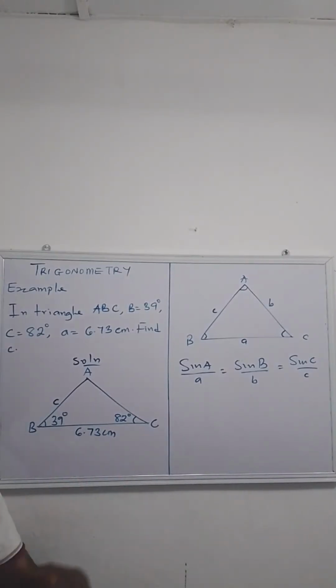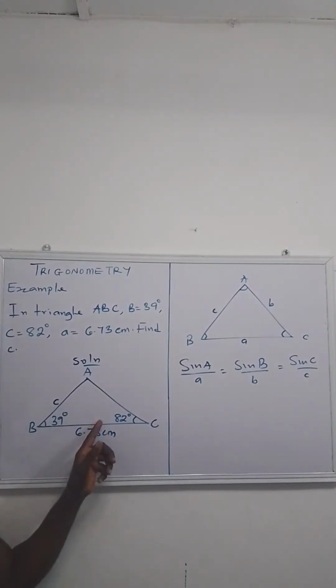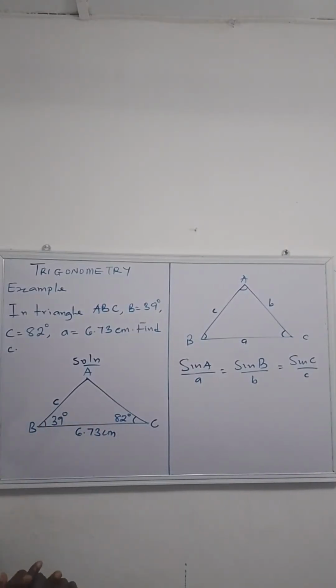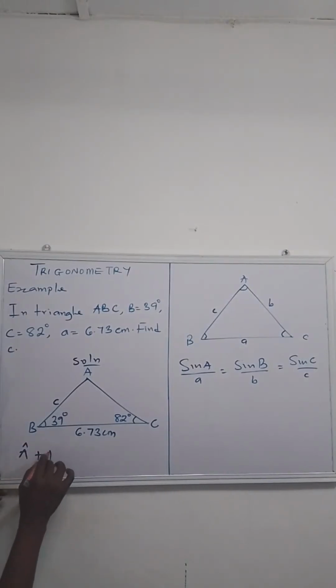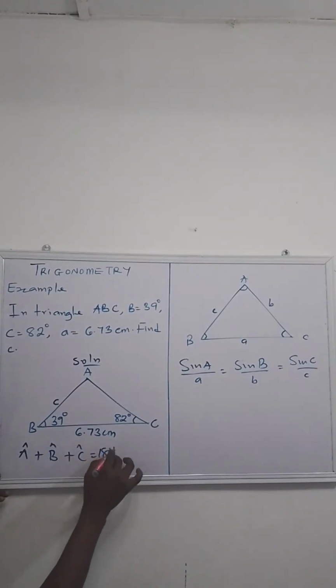The sum of angles in a triangle is equal to 180 degrees. Once we add the angles in a triangle, everything must add up to 180. That is the theorem we are going to make use of here. So we can simply write angle A plus angle B plus angle C equals 180 degrees.